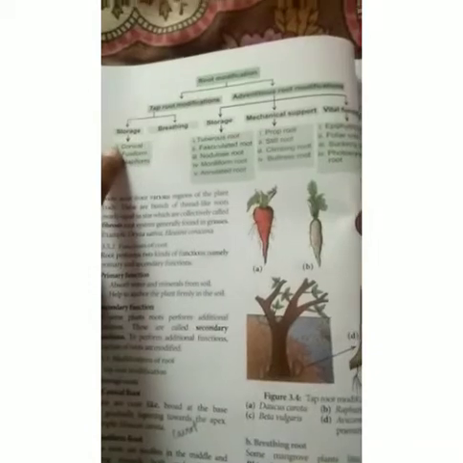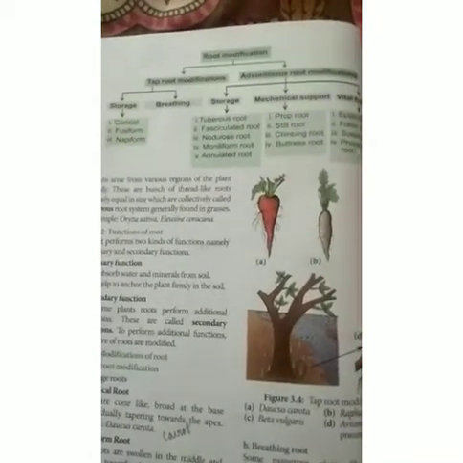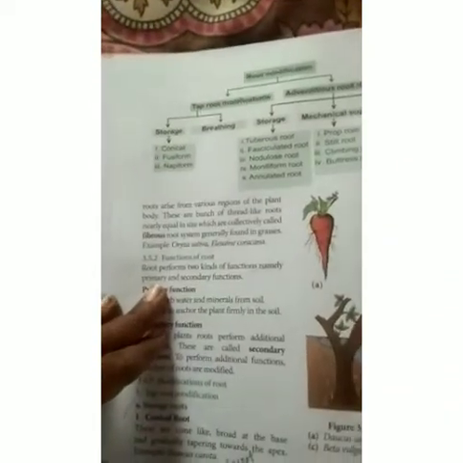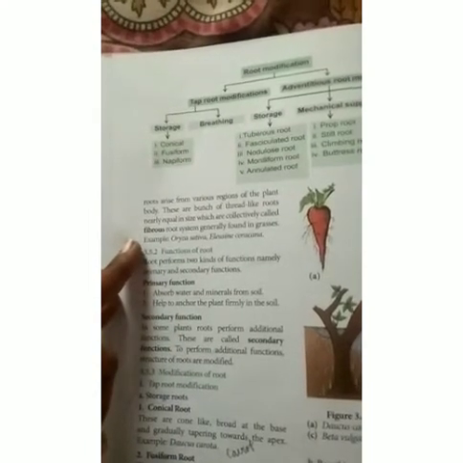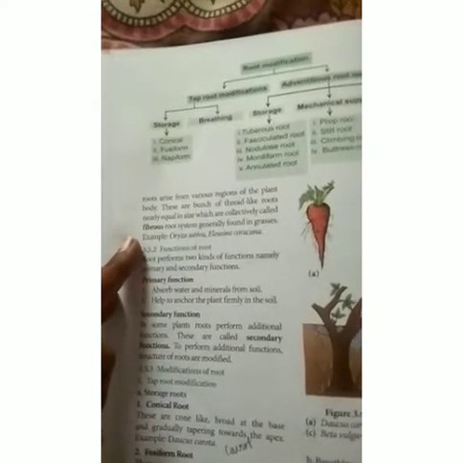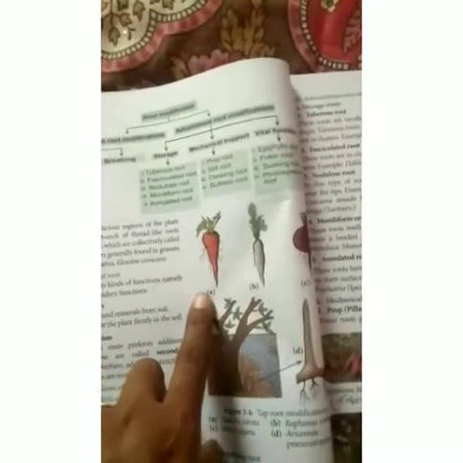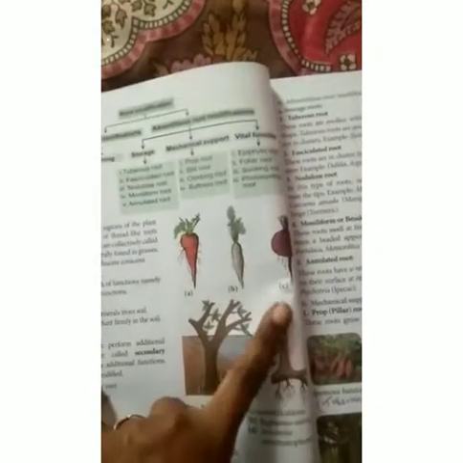For storage, there are three types of storage taproots, where food is stored in the root region for other purposes and later growth: conical, fusiform, and napiform. The structures are given in carrot, radish and beetroot.